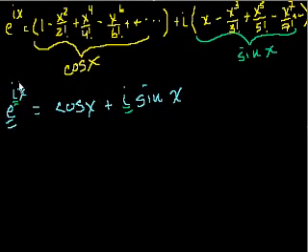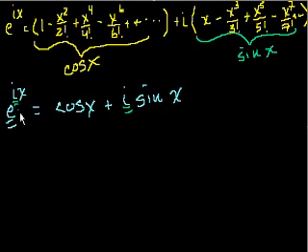So essentially, when you take something to the i power, you can just substitute into its Maclaurin representation. But anyway, I won't go into the details. I think you can say that this is a pretty reasonable proposition. But what happens if we take something to the i pi power, e to the i pi?